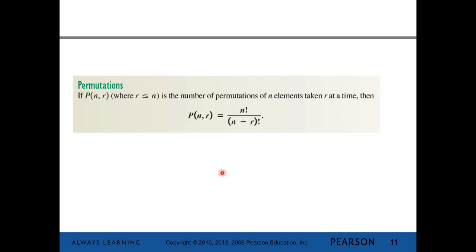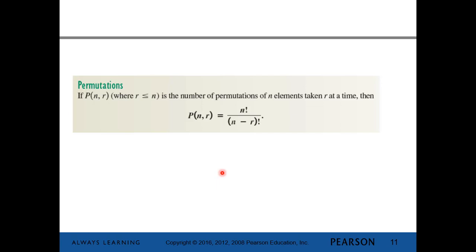Well, a permutation is when you're ordering distinct objects in a sequence. And we're talking about choosing distinct objects where order matters. So the order in which you choose things matters. Again, if order matters, then we're dealing with permutations.